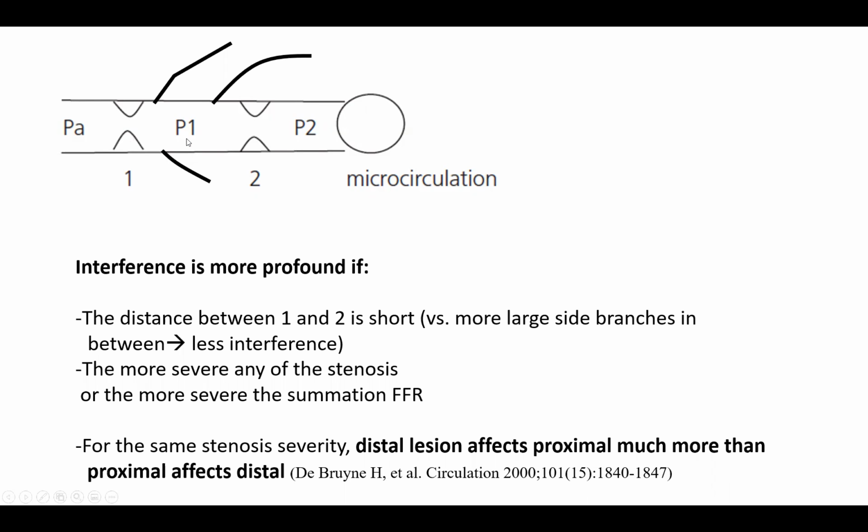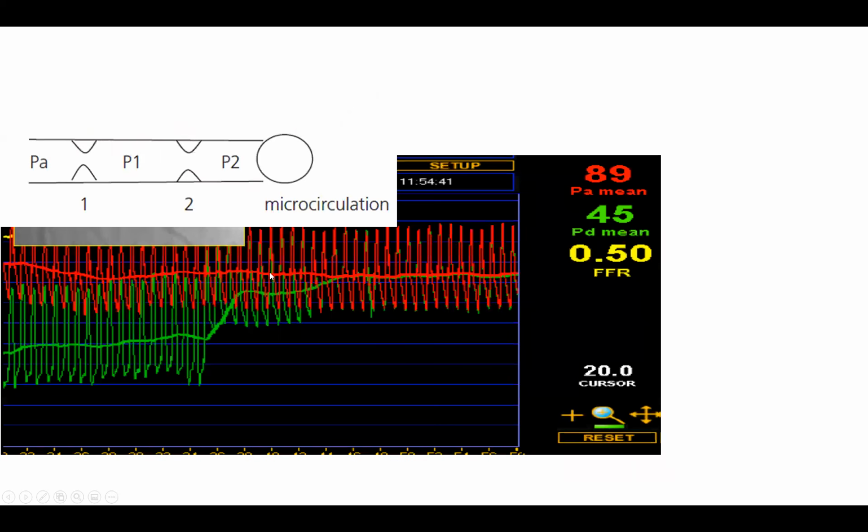So you may see more pressure drop at P2, much more than you would see at P1. And therefore, that local P2-P1 ratio will be much lower than the P1-PA ratio in patients with serial stenosis. Okay, so the distal affects the proximal more than proximal affects distal, particularly with adenosine.